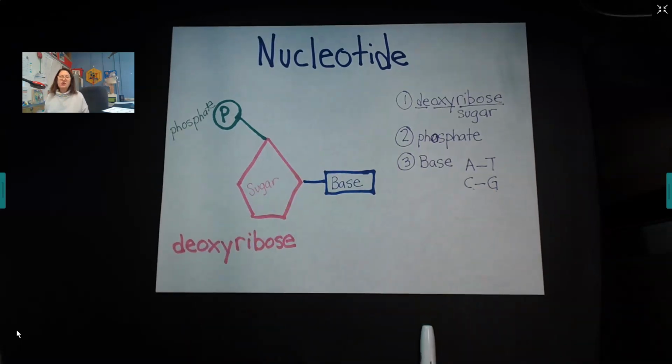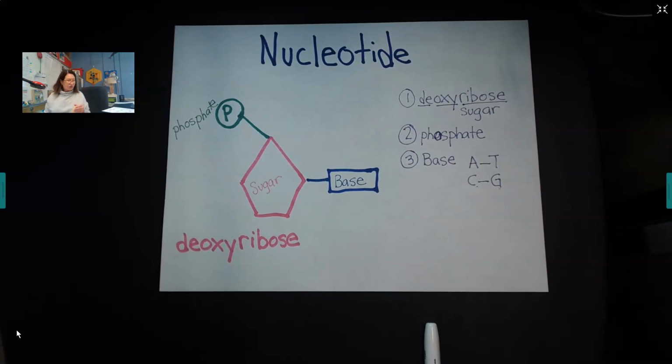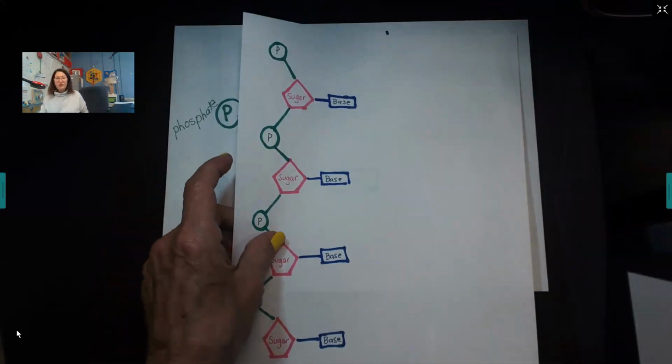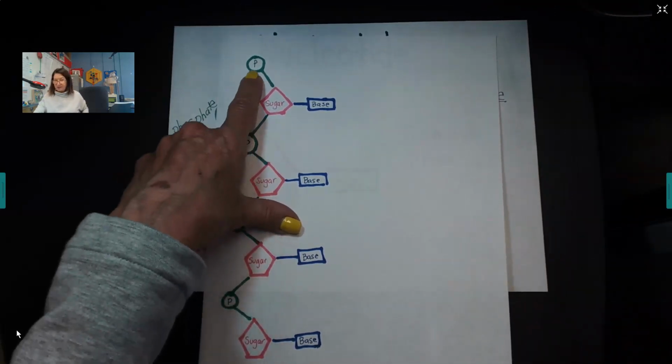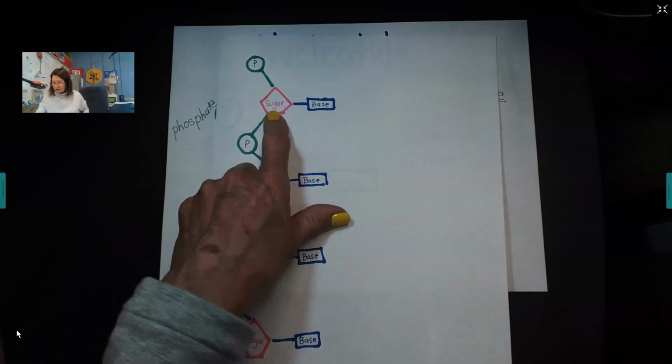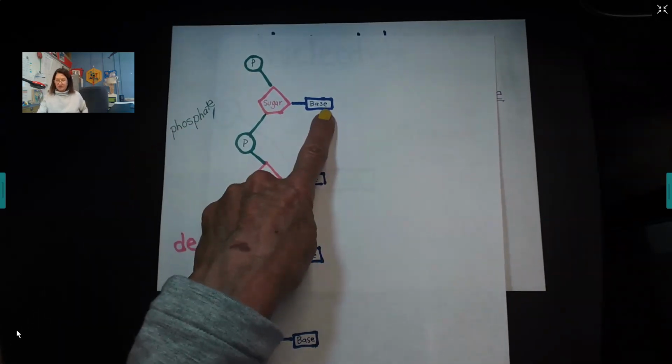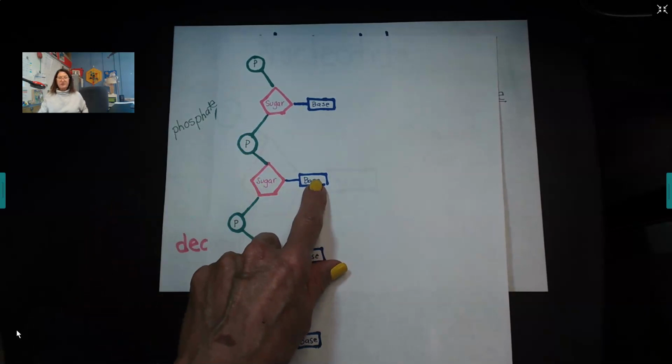Okay, since we're talking about DNA, all these nucleotides are what is going to make up your DNA. Here I already drew this, so you can see how each one of these is a nucleotide. I have my base, my sugar, my phosphate, my sugar, and my base. Phosphate, sugar, base.